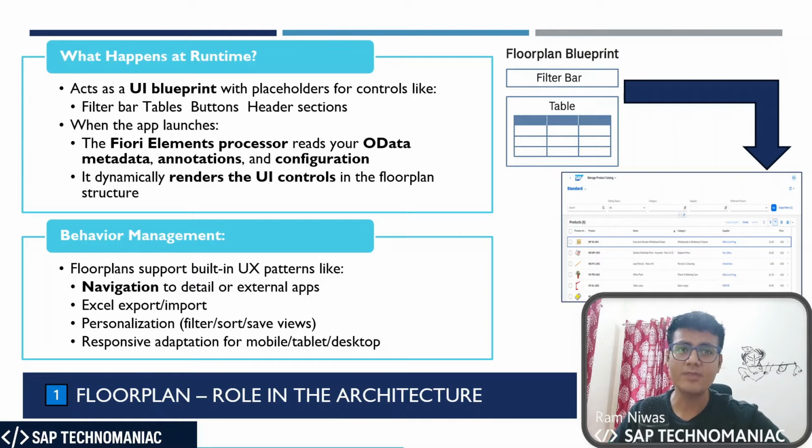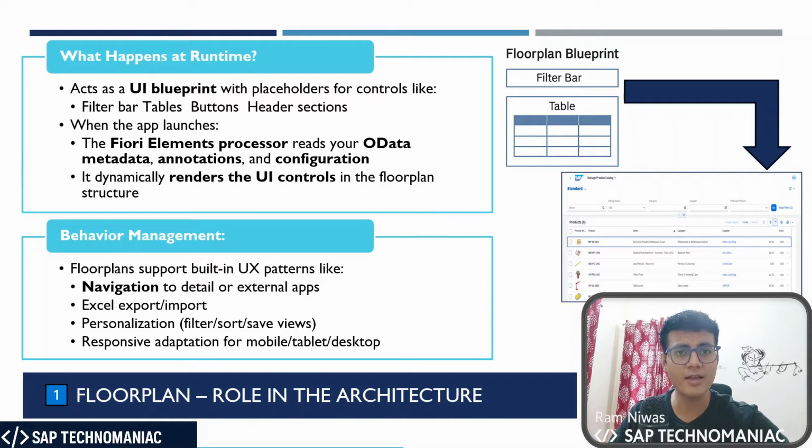At runtime, as soon as you launch the Fiori element application, the Fiori element processor reads the OData annotations and metadata, along with the configuration which you have defined in the front end, gets all the information, and based on this information it will render each and every UI5 element on the screen.